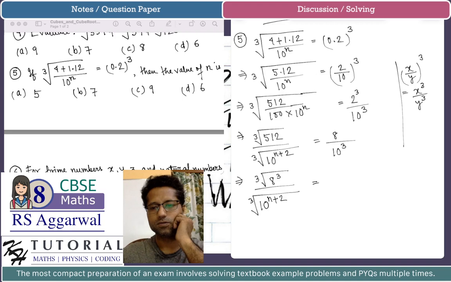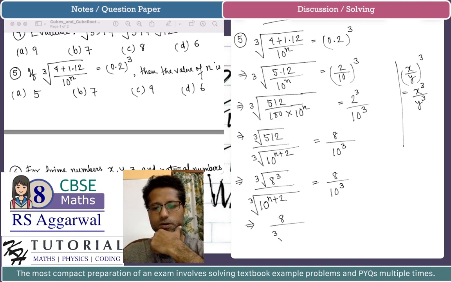We have equals to 8 by 10 cube. Now this implies cube root of 8 cube is 8. So 8 by cube root of 10 to the power n plus 2 is equal to 8 by 10 cube.